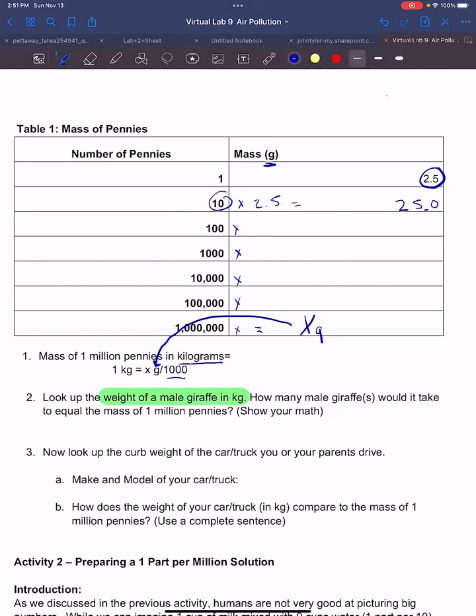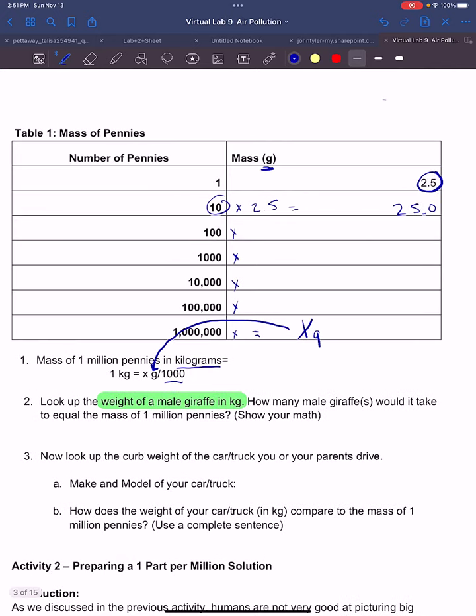So to get the comparison of male giraffes, you're going to take this number that you calculated, X kilograms, down to here, and divide it by the weight of a male giraffe, whatever you find online, and of course you want to show your math when you do that.